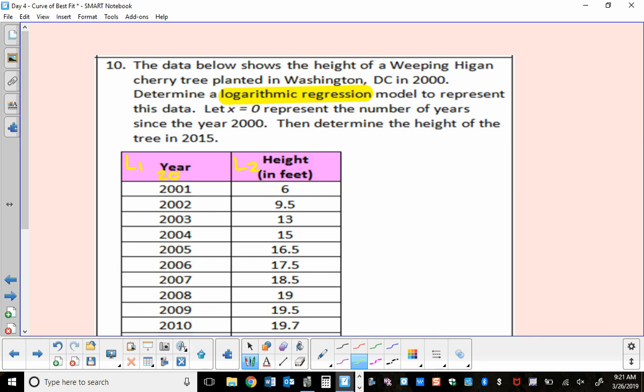So if 2000 equals 0, 2001 will equal what? 1. What about 2002? 2. And 2003 will be 3, and so on and so on. So go ahead and cross out all your years and replace them.